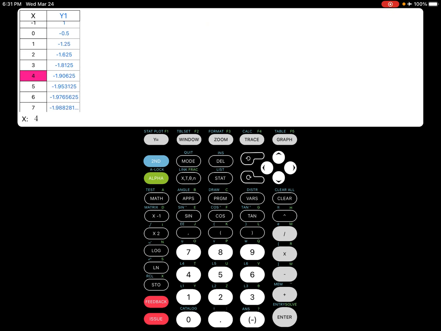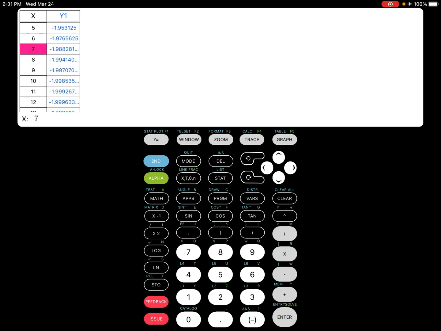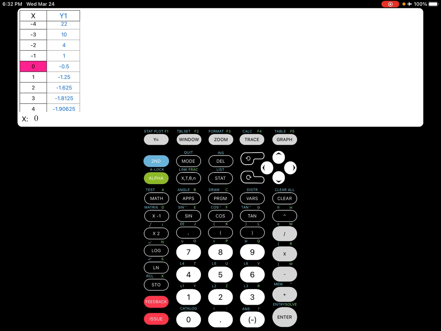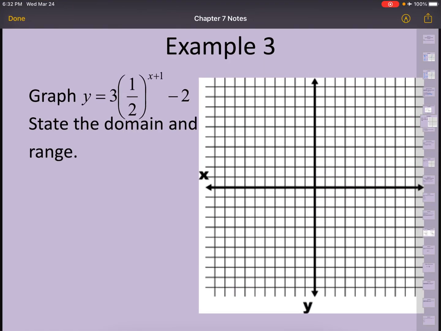And if we keep going down, it looks like it's approaching negative 2. Okay, so let's say, to get a good estimate, from negative 3 to regular old 3.